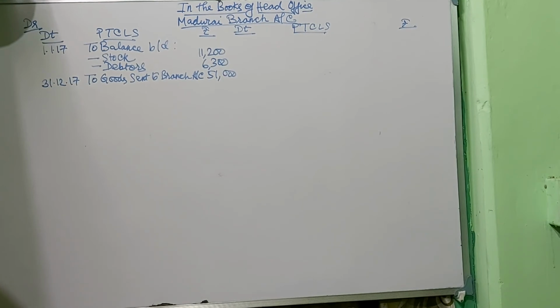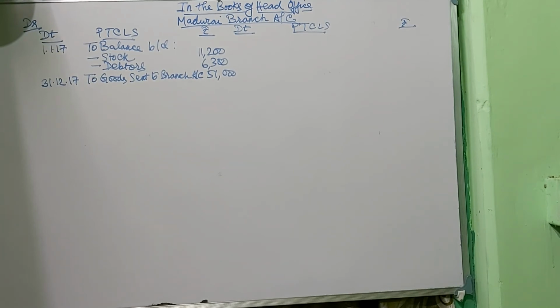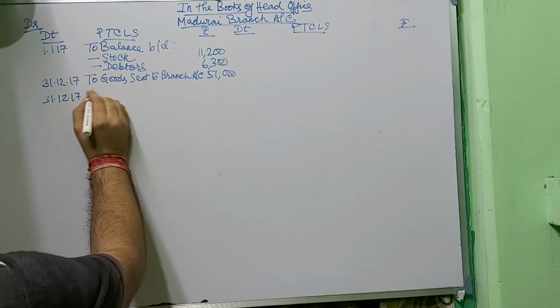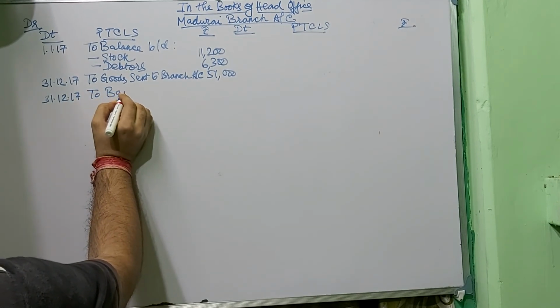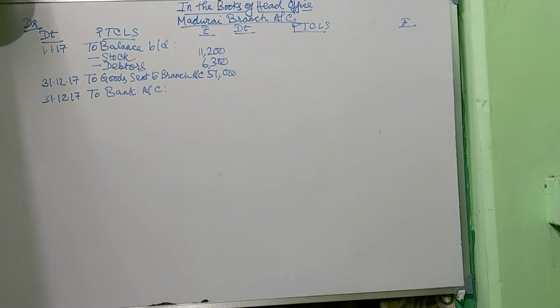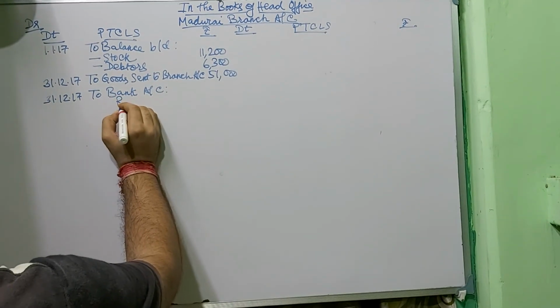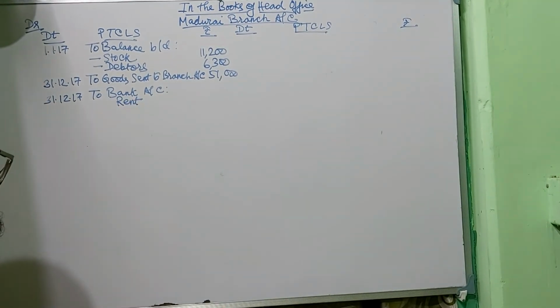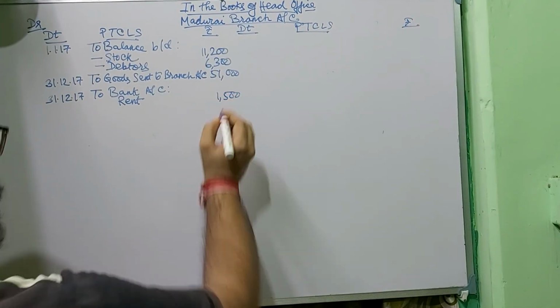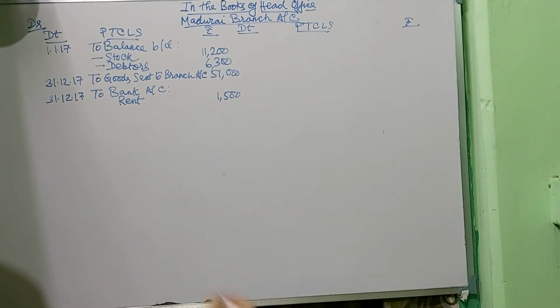Next, cash sent has been given. How much cash did you send? Branch account debit to cash or to bank, you can also write. The date remains the same. I am talking about the journal: branch account debit to bank or to cash. What are the cash items you have sent? Rent is 1,500.